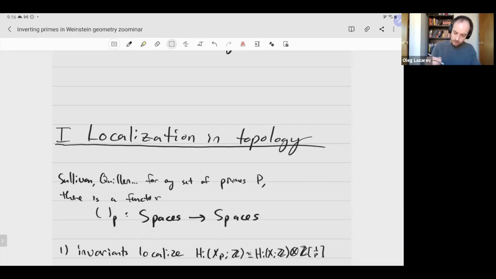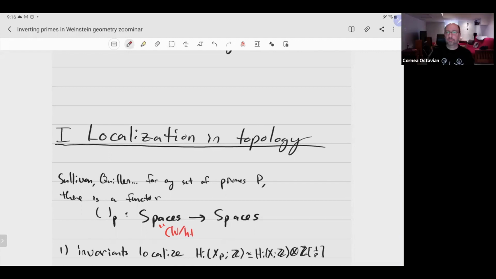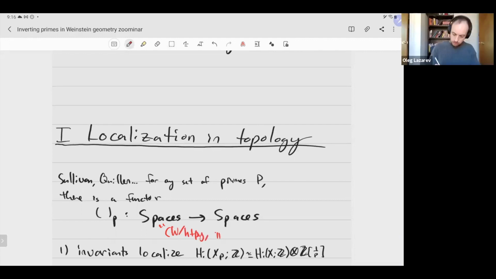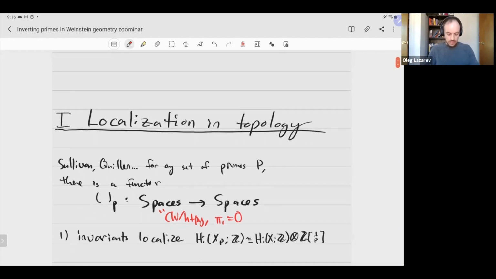By spaces, I mean CW complexes up to homotopy, and I also take simply connected ones. The main property of this functor is that they localize invariants.